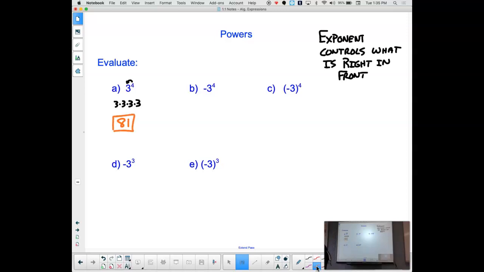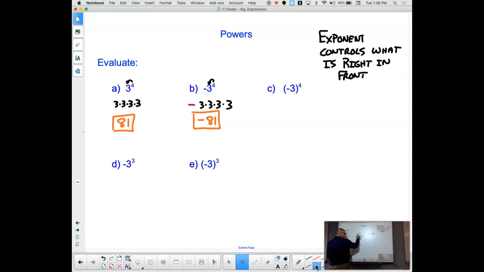Here, on this one, this 4 is only controlling what's in front of it, so that's just 3. So there's a negative sign, and then it's 3 times 3 times 3 times 3. So then that is negative 81.